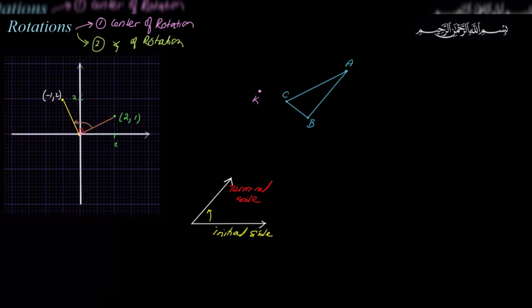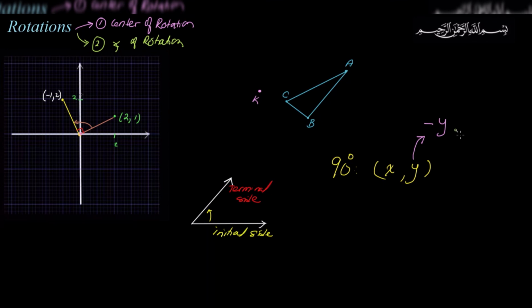So this is what happens whenever you rotate, and you can remember this rule. For every 90-degree rotation, you take the original point, let's say it is x and y. There are two things that you do. First, you take the y and negate it, you make it -y.